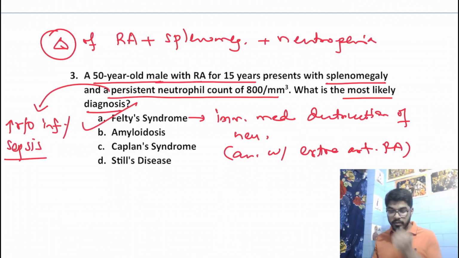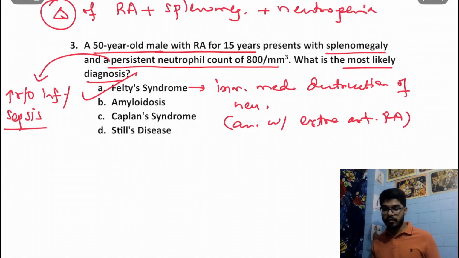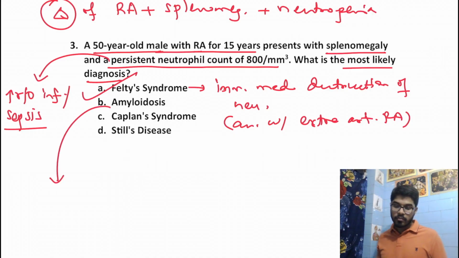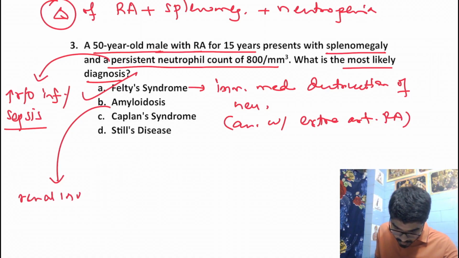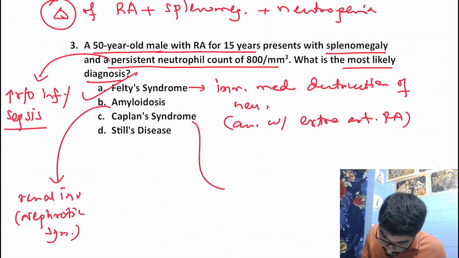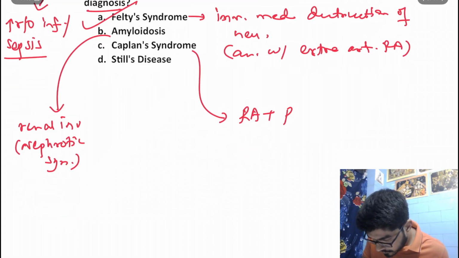If we talk about the other options, amyloidosis occurs in chronic inflammation. Yes, in rheumatoid arthritis we can get amyloidosis, but amyloidosis in rheumatoid arthritis would cause renal involvement, mostly in the form of nephrotic syndrome. Caplan syndrome is nothing but rheumatoid arthritis plus pneumoconiosis.